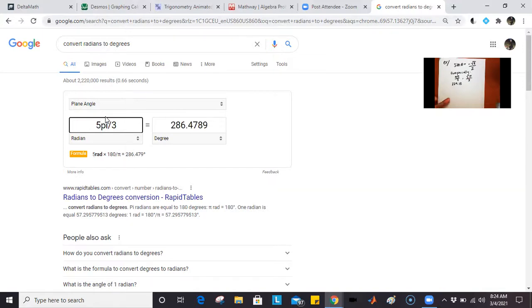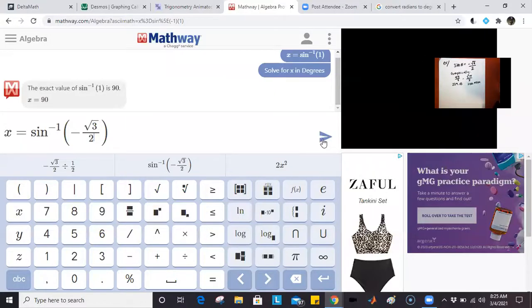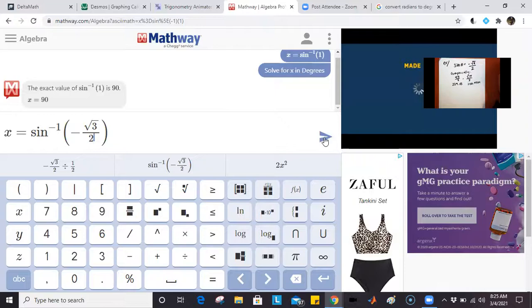And 5 pi over 3, 286.4789. All right, we could have also plugged this into our good friend, the Mathway. So let's see what we get here when we plug this guy in.